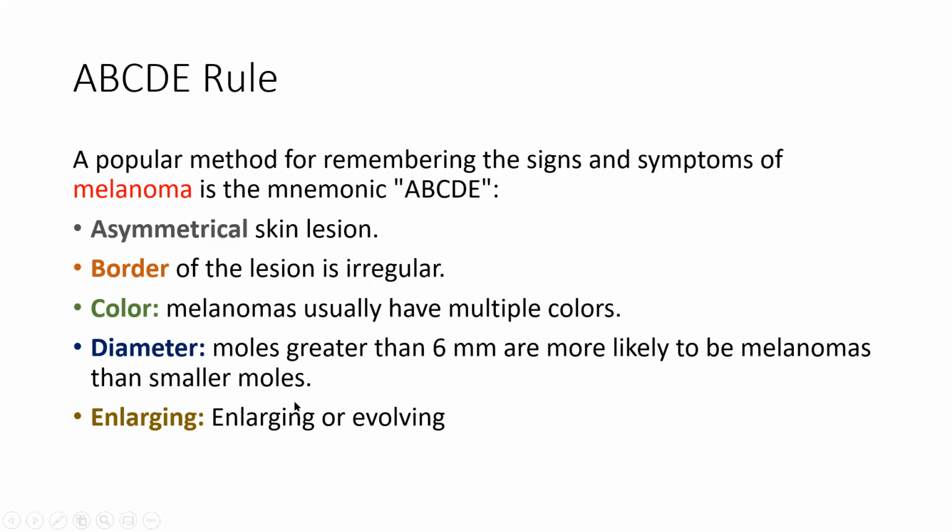That is a big red flag, because most benign lesions like moles do not grow that fast. And so that's why E stands for enlarging and is the 5th and final rule when it comes to the ABCDE rule for determining the likelihood that a skin lesion is a melanoma.